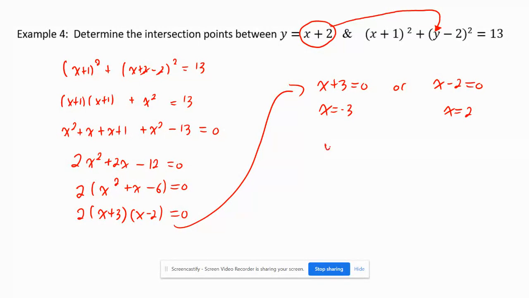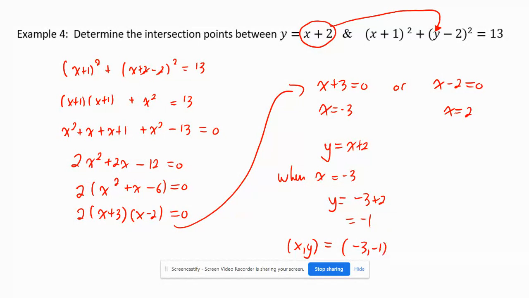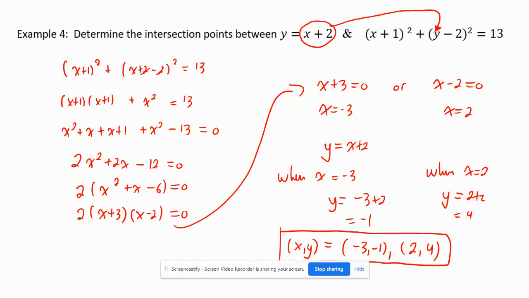So we have y = x + 2. When x = −3, we get y = −3 + 2, which is −1. And when x = 2, y = 2 + 2 = 4, and we get the point (2, 4), which are the two points that we saw on our graph earlier on.